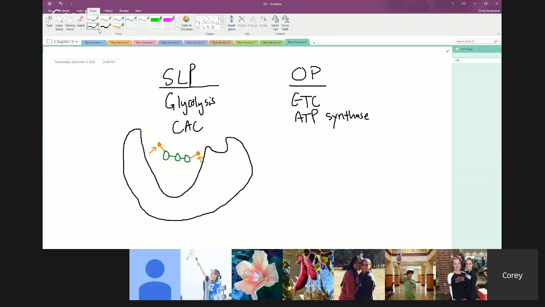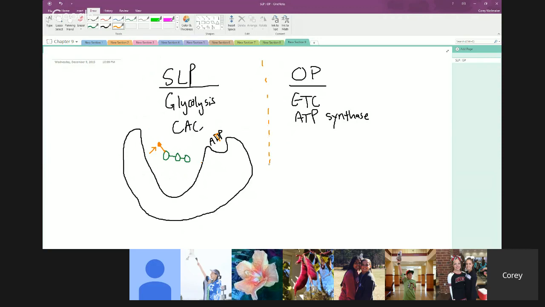It's also binding to ADP, which has 2 phosphates instead of 3, and it's ripping the phosphate off this molecule and transferring it directly onto ADP. And so ADP is going to get that phosphate and turn into ATP. So that's substrate level phosphorylation.